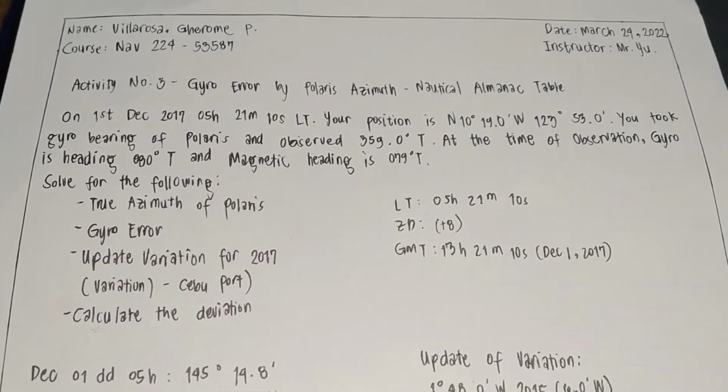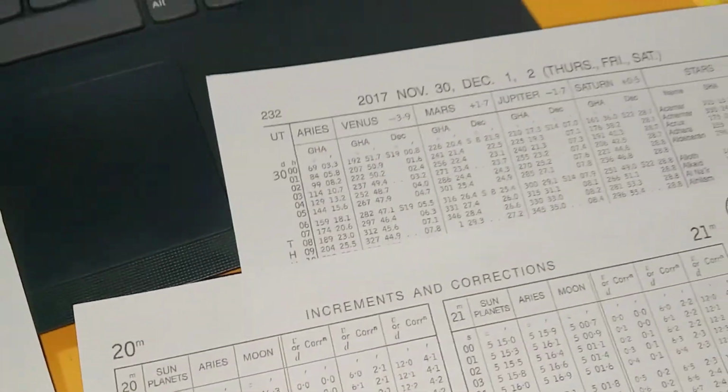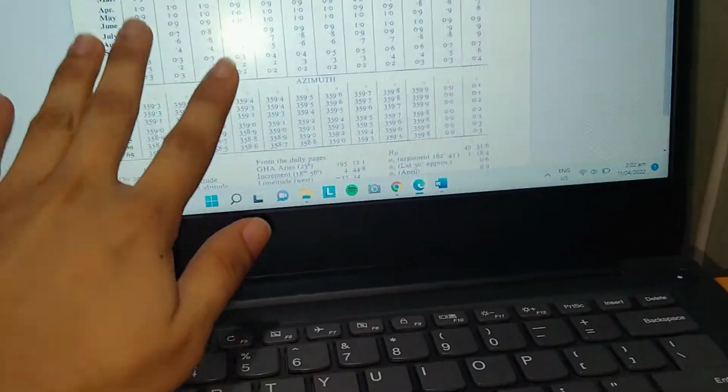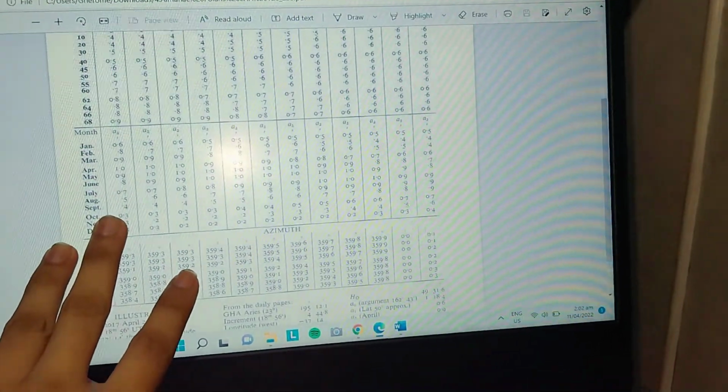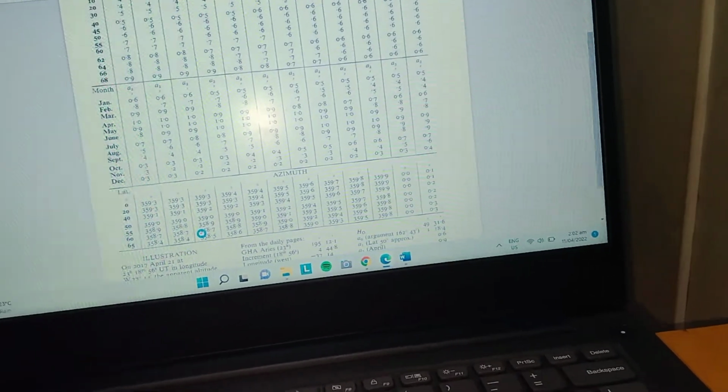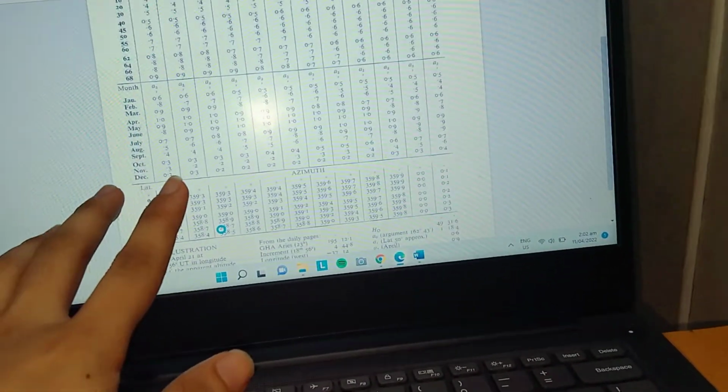So the first thing that we're going to do is that we do have here our tables. Since we have only two tables, but I haven't printed this yet, I did find the values or numbers that I needed by just looking at this table.